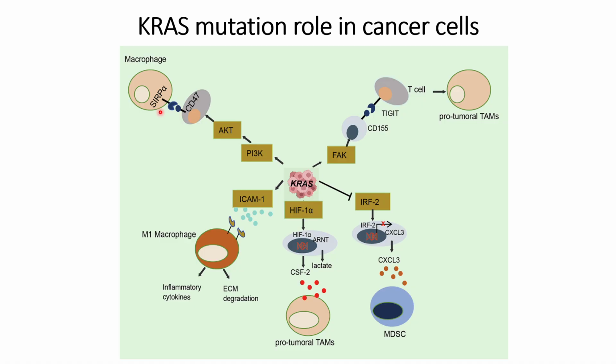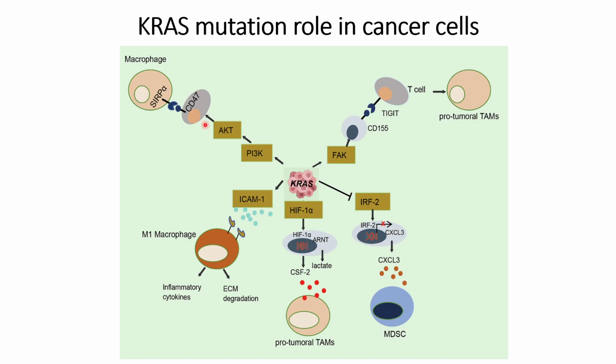M1 type macrophages have anti-tumor or tumor suppression properties, whereas M2 type macrophages have tumor proliferation properties, or they help the tumors to grow. So high expression of CD47 will help the polarization of macrophages from M1 to M2.